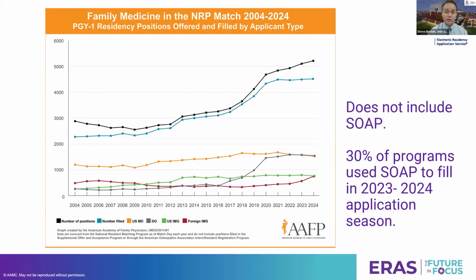So it really is the specialty that has the most inclusion from different types of applicants. Now, this does not include SOAP. And of note, almost a third of family medicine residencies use the SOAP process to fill in the last match season. Next.